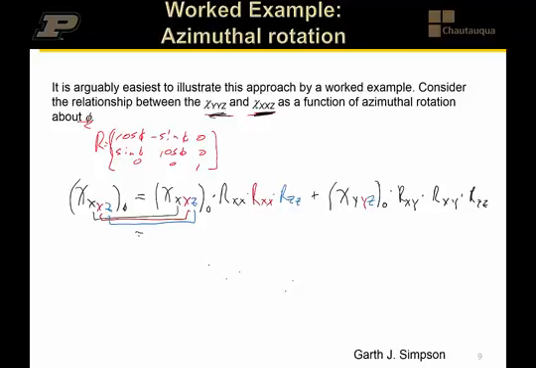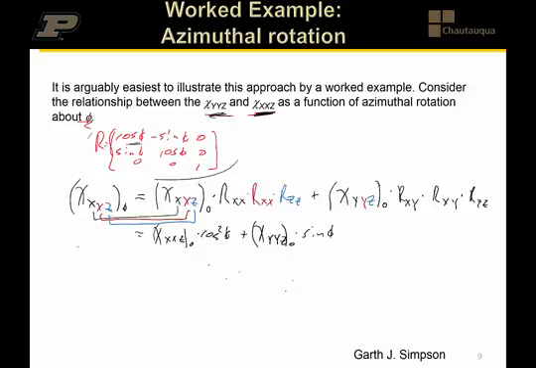So if we evaluate what all of these are, given our rotation matrix here, we're going to end up with chi xxz initial times, this is the xx position, so I'll have a cosine, cosine, and 1. Cosine squared phi plus chi yyz in our initial reference frame times xy is this one, so I'll have a negative sine phi but squared, so that'll be sine squared phi.